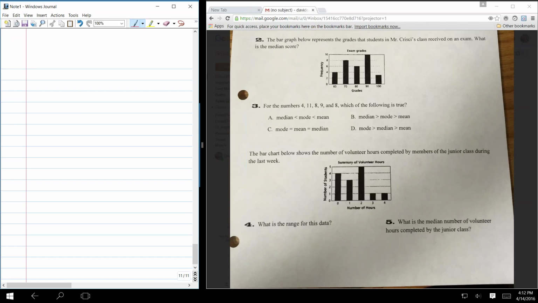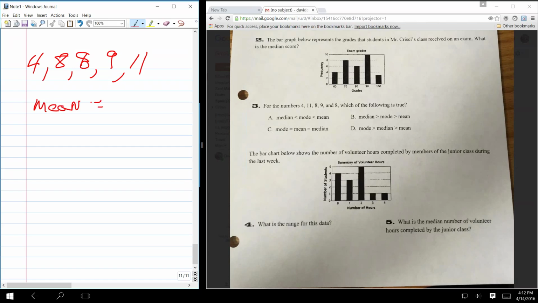Order them correctly? Yeah, exactly. Put them in order. Well, I got 2 8s, and I got a 9 and an 11. How would I get the mean?